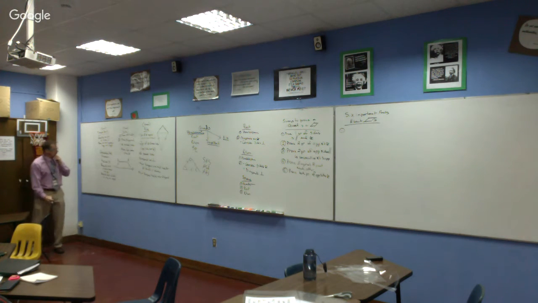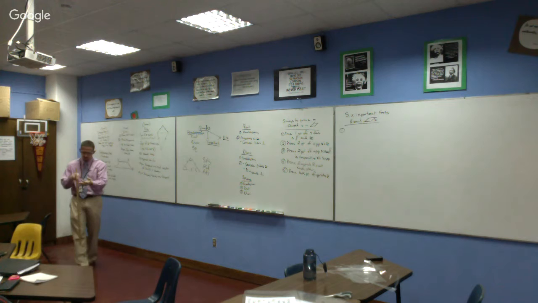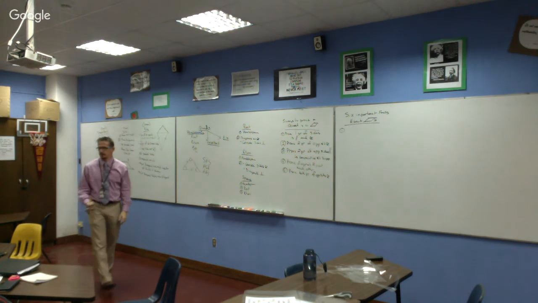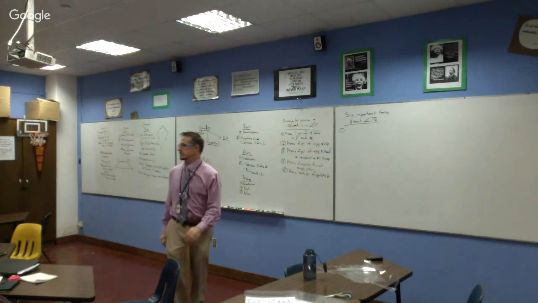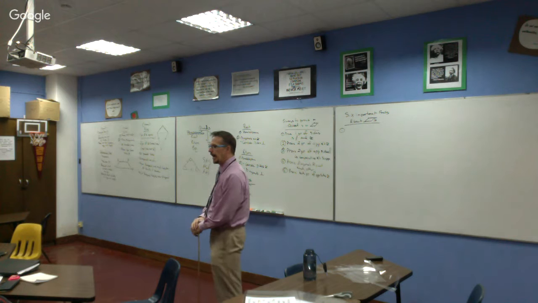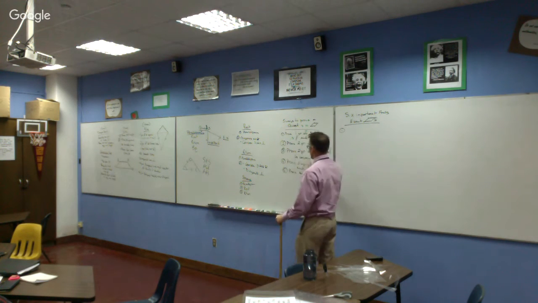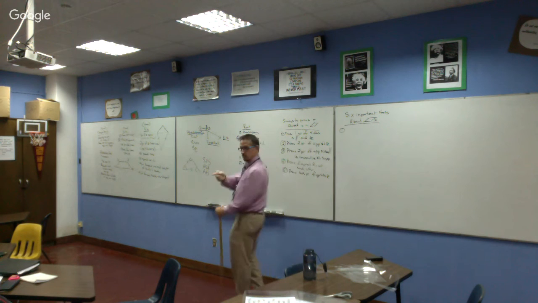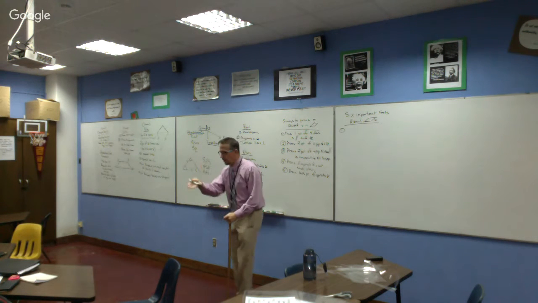Right? So now, what have we done with every single other quadrilateral? We've taken care of the sides, we've taken care of the angles. What else have we done? What's the one piece that we're missing from this isosceles trapezoid? What's something that's listed here? Diagonal. Look at your table. If you were to put in the diagonals on your table, what would happen?